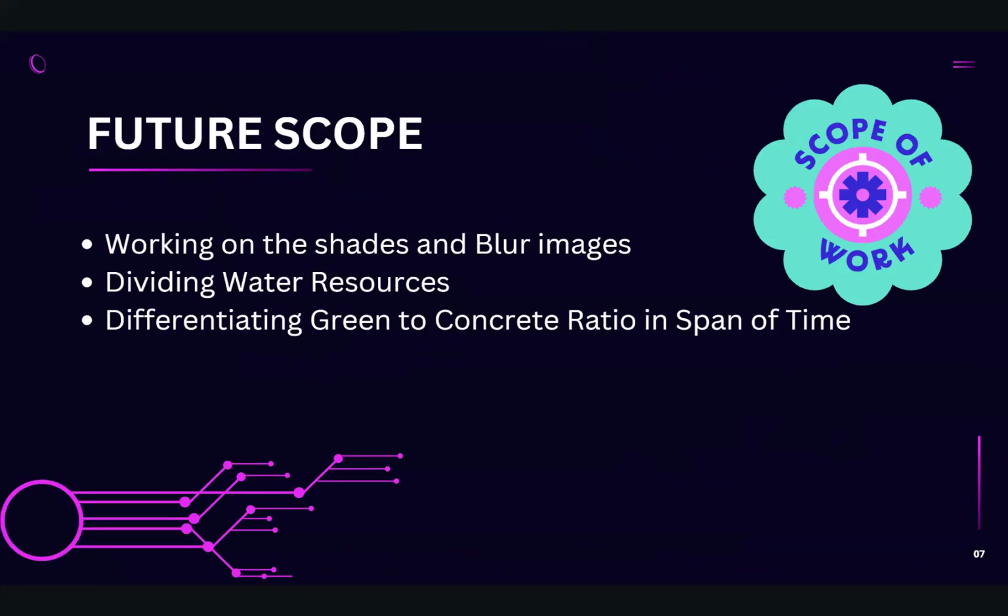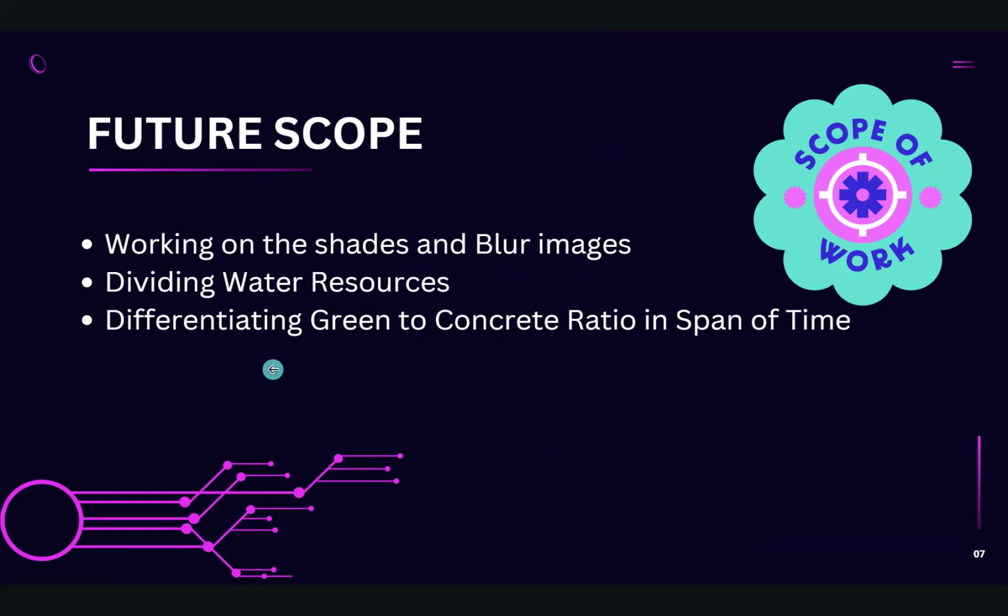Next, coming to the future scope of the project. Firstly, we are working on shaded and blurred images, that is, adding more diverse data of shaded images to train the model. Secondly, we are dividing water resources, refining the dataset annotations by adding water bodies such as rivers, lakes, and even oceans.